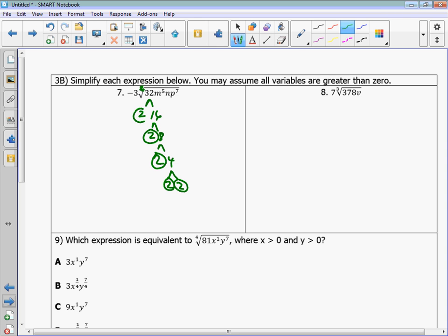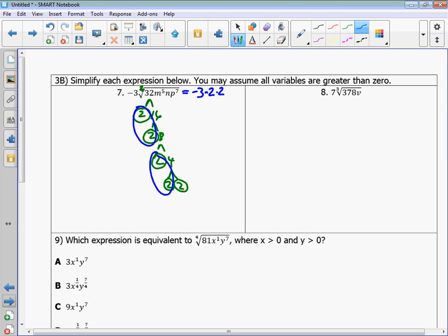There are 5 2's. We need pairs with the square root, so a pair of 2's, another pair of 2's. Ultimately, we have the negative 3 on the outside. We get a 2 out for a pair of 2's and another 2 out for another pair of 2's. There's going to be a 2 left over in the square root, but I'm leaving that for now.